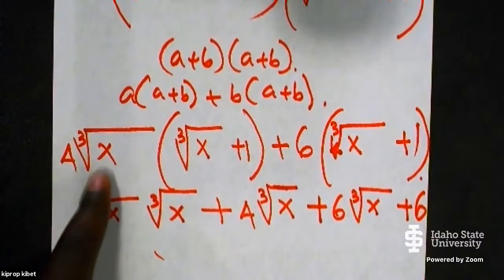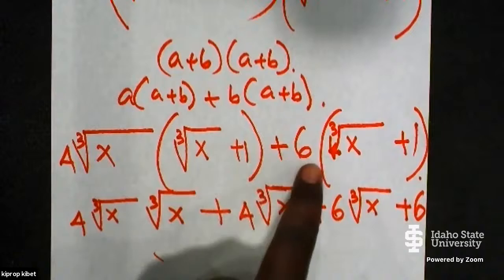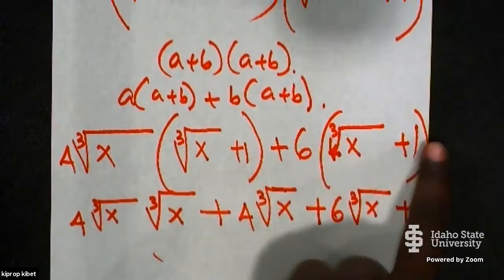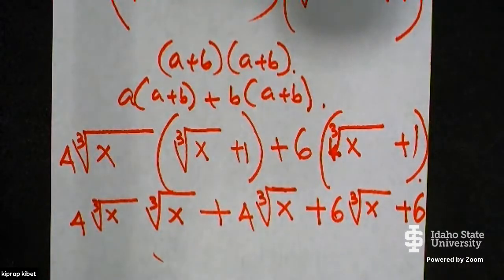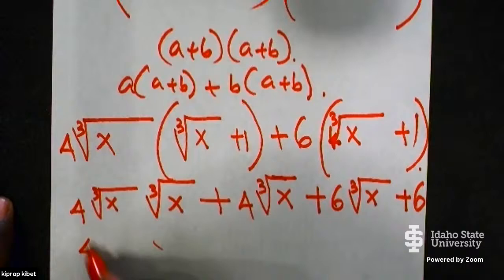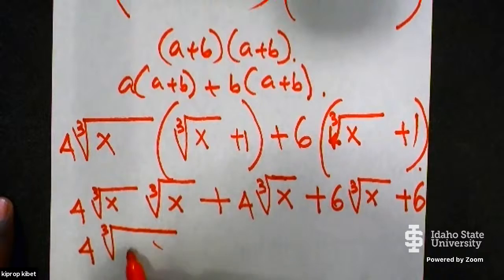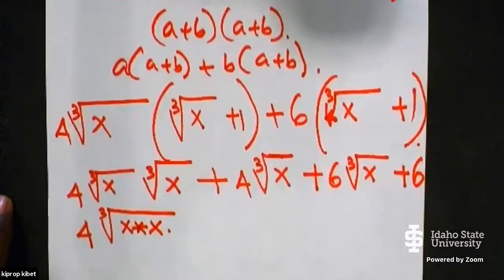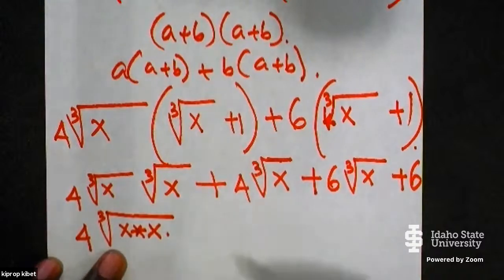So you open the brackets, this and this, plus this and this, plus 6 times this, plus 6 times 1. And then now you simplify. So when you simplify, then you get 4 cube root of x times what? Times x, right? X times x, okay? The first one here.